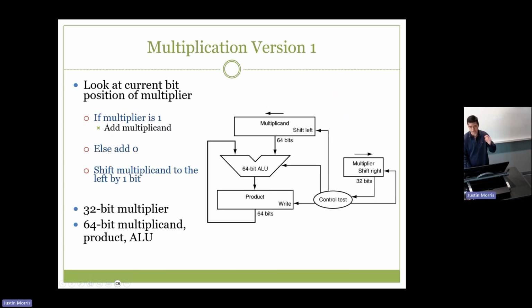And because it's 0, we just add 0, right? Shift the multiplicand left by 1 again. We get another 0, so we add 0. And then we shift the multiplicand to the left again by 1. We have a 1 as our next current bit. That says add the multiplicand that was shifted to the product.